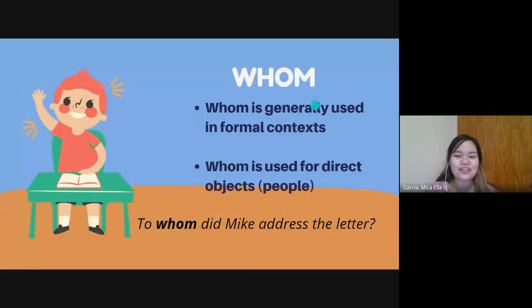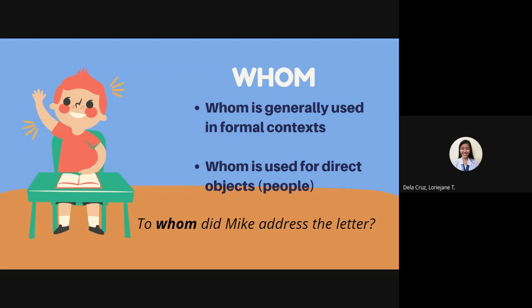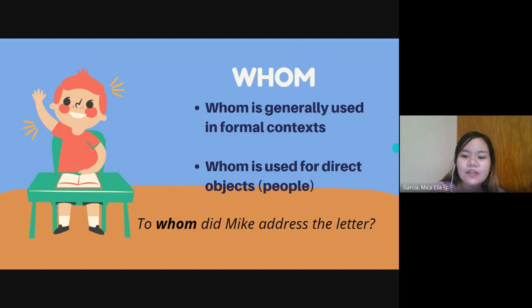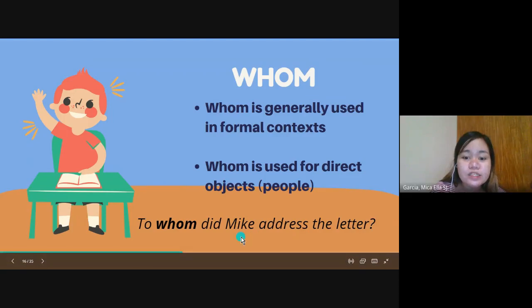Let's proceed with another relative pronoun. The next relative pronoun is whom. Who can read the definition? Will you please read the definition? Yes, LJ. Whom is generally used in formal contexts. Whom is used for direct objects, people. We have here a question again. Will you please read the question provided?